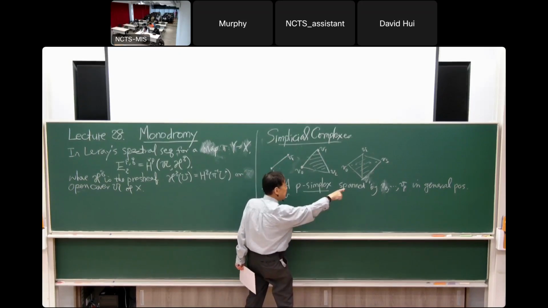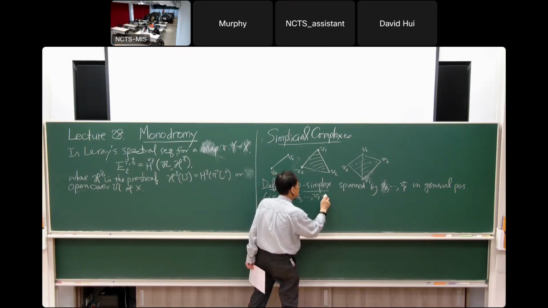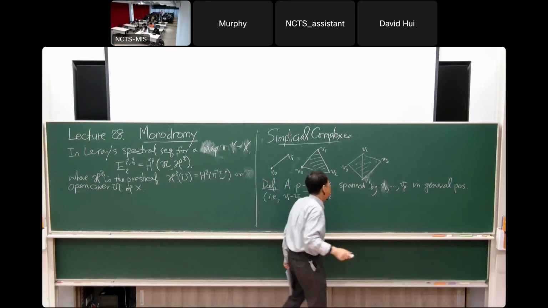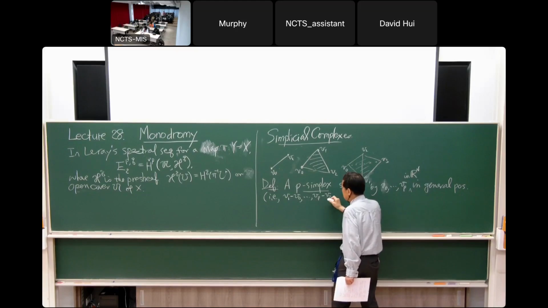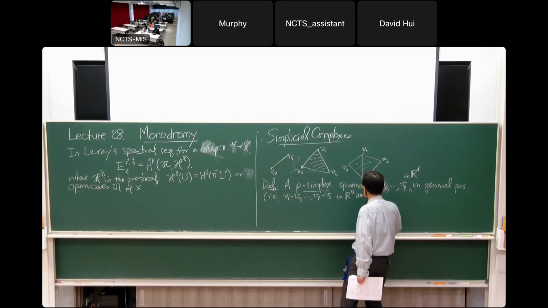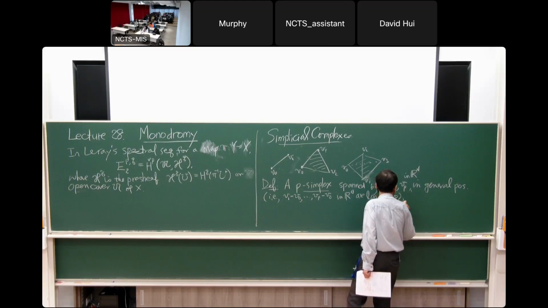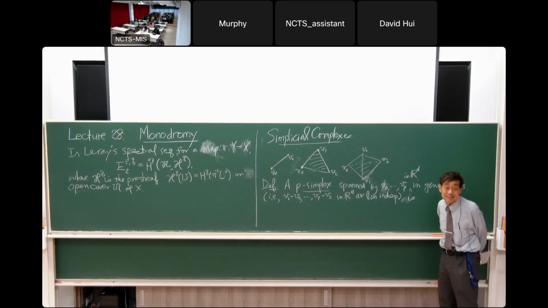So these points, which are in R^n, are in general position if v1 minus v0 to vp minus v0 are linearly independent. So that's what it means to be in general position.